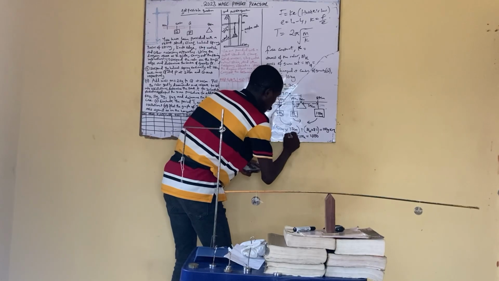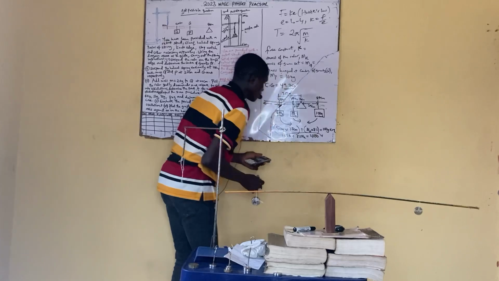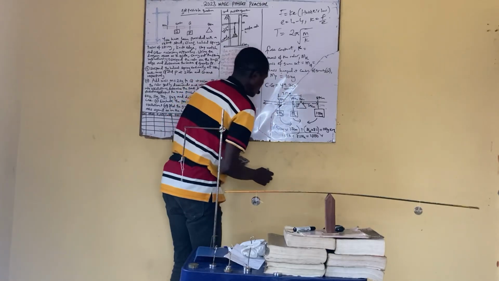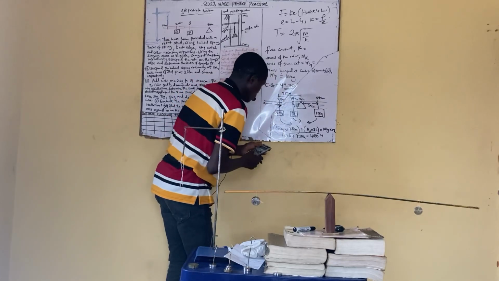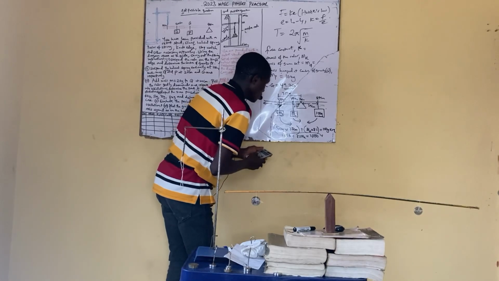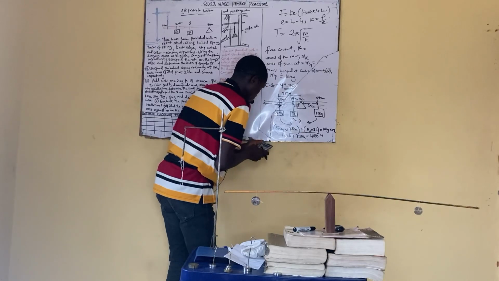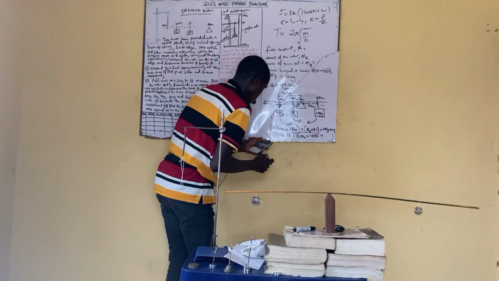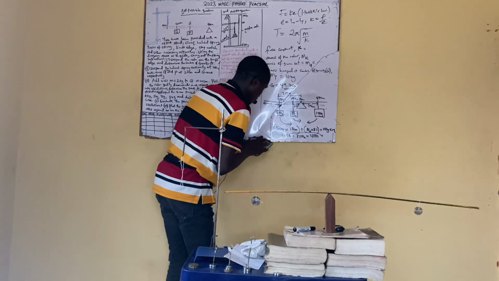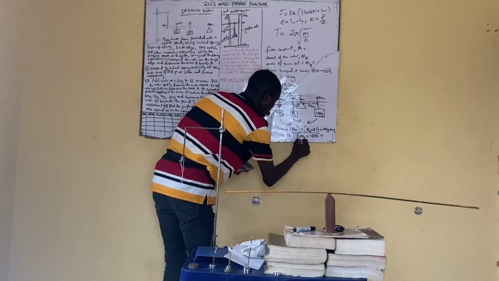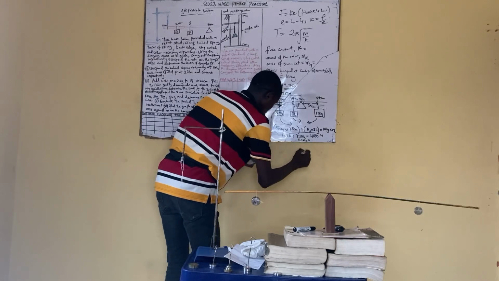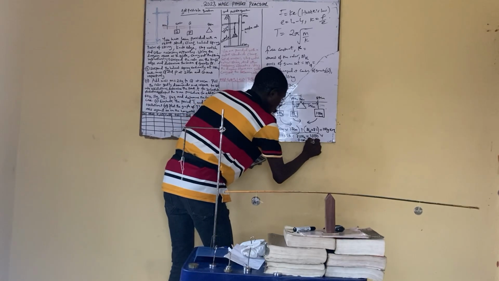So we take this one to the other side. I hope you are following. With this now, 2,900 minus 1,750, we have 1,150. So 8.3 MR equals 1,150.